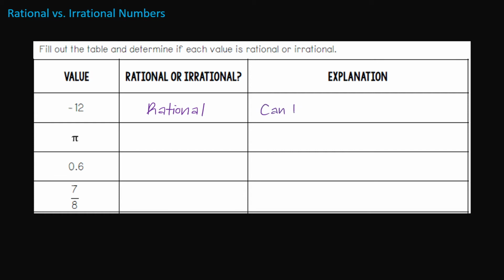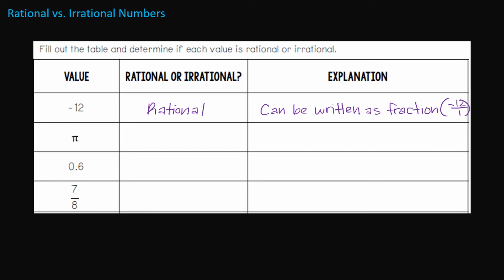So it can be written as a fraction, and it looks something like this: negative 12 over 1. We could also call that negative 24 over 2. That reduces to negative 12. But either way, we can write that as a fraction. It is a terminating decimal, if you will.